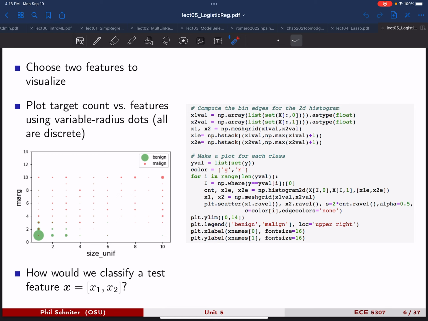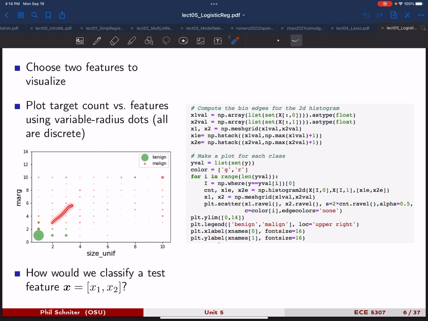So what we're going to do instead is use the number of malignant or benign samples. Benign is going to be green, malignant is red, but if you have multiple benign samples all showing up with this feature combination, you're just going to get a bigger circle. Okay, so what you see here is, given these 2 features, as you move in this direction, most of the samples are red.